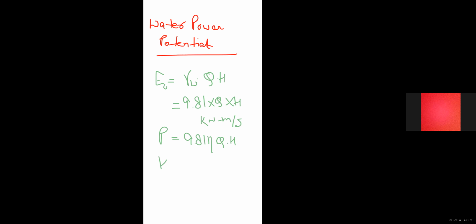And this can also be converted into horsepower, that is HP of the generator is equal to 9.81 Q into H divided by 0.735, and this value is equal to 13.33 QH. Generally the efficiency is taken as 80%, so 13.33 into 0.8 is approximately 7.84 QH.